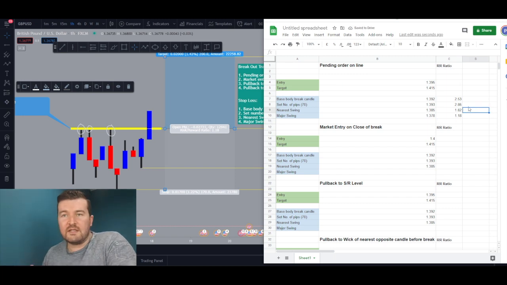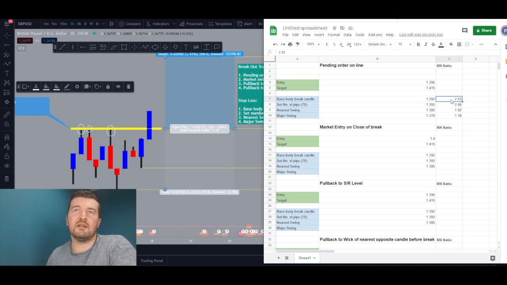So looking at all these different scenarios of if we take the trade on the break of the support resistance line, it looks as though a set number of pips of 70 would be our best risk reward ratio. Otherwise, it would be the base of the candle before it, and so on and so forth, so you can see.